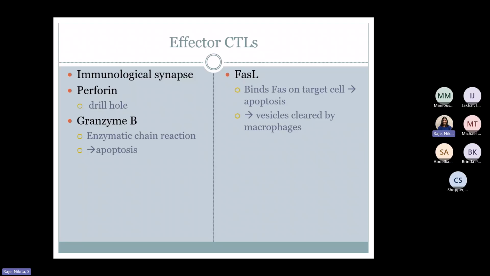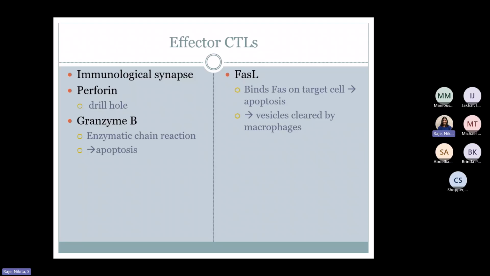When the effector CTLs are in action, they release these enzymes called perforin and granzyme B. What does perforin do? Perforin, as the name suggests, perforates and makes a hole. It makes a hole in the cell wall so that the enzymes that are needed for their action can be released into that immunological synapse.